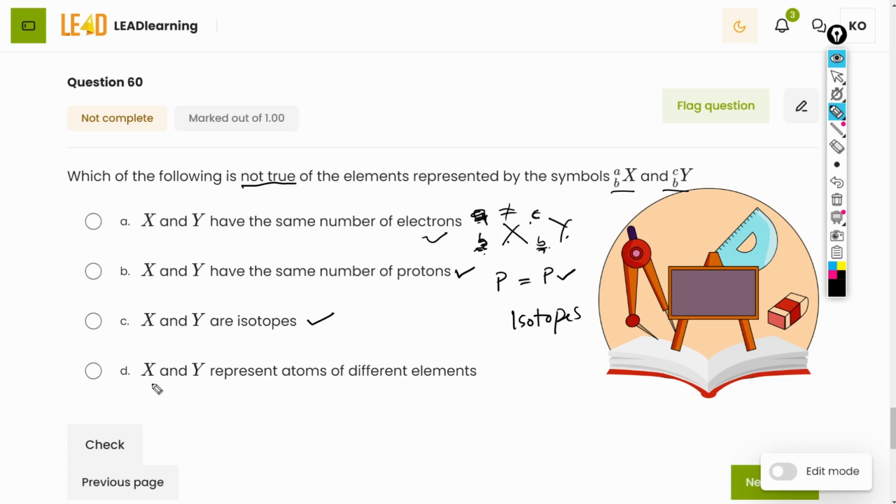Then option D says X and Y represent atoms of different elements. Proton number determines identity, and their proton numbers are the same, so they cannot be representing atoms of different elements. So this is not true. So our correct answer is the option D. This statement is not true.